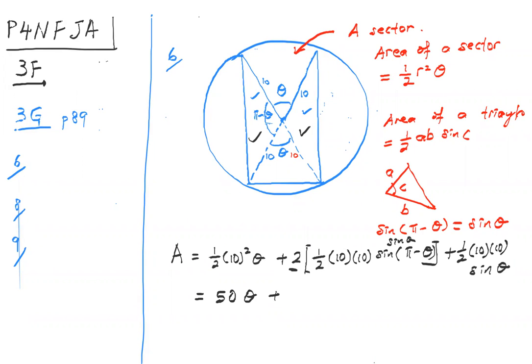Altogether, there are 3 of that. So this is 50 sin theta. That's all. You got the answer. Are you okay?